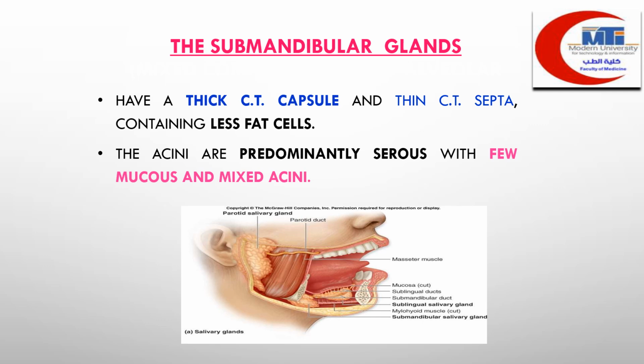The acini are mainly serous, forming about 90% of the acini. There are a few mucous and mixed acini. Submandibular salivary glands produce about 70% of the total saliva.